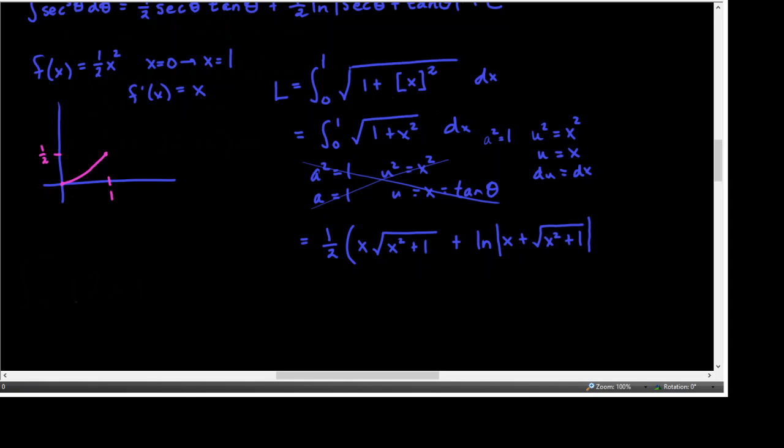Close off the absolute value, close off the parentheses, and evaluate that from 0 to 1.